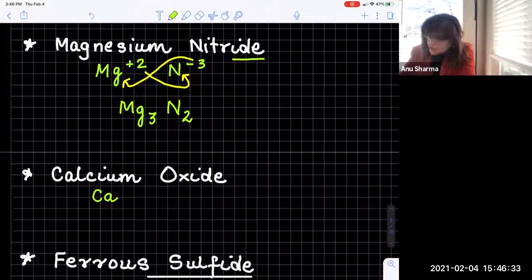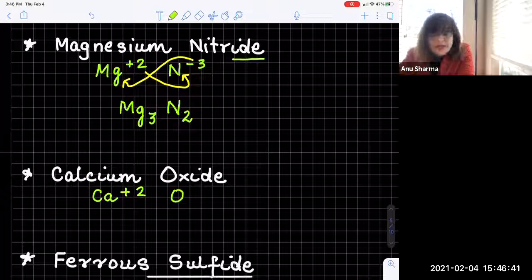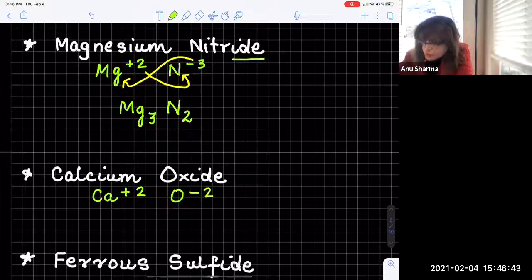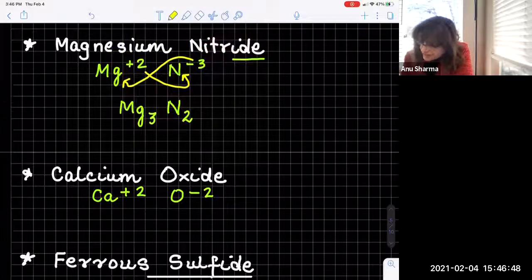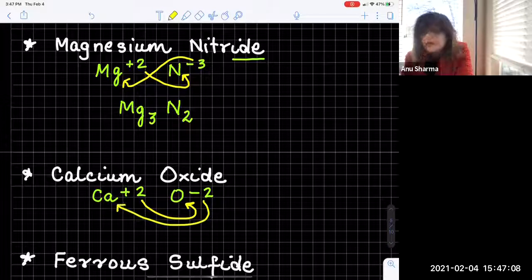And the charge, it is in group 2A, so the charge is +2. Oxygen is in group 6A, the charge is -2. So group 6A, charge -2. This number goes as the subscript for oxygen, and this number as the subscript for calcium.